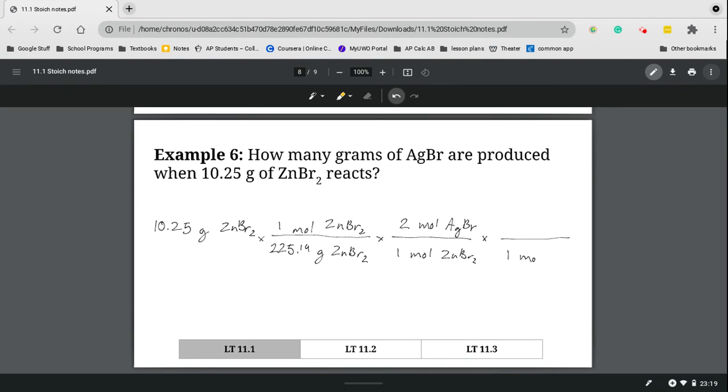So in 1 mole of AgBr, we haven't used this one yet, so you calculate on the side that is 187.77 grams of AgBr. And so that's 17.09, 4 sig figs, and that's grams AgBr.